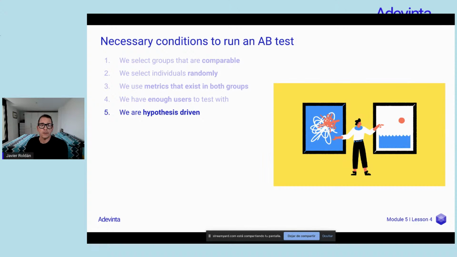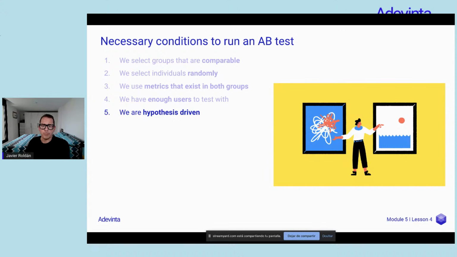The last one, we are hypothesis driven. As we saw in lesson 5.2, we are applying the scientific method when running an A/B test.